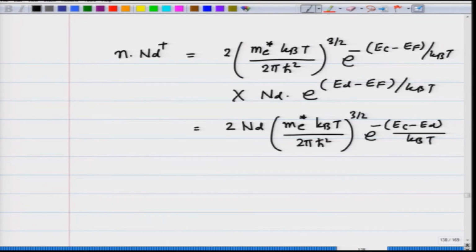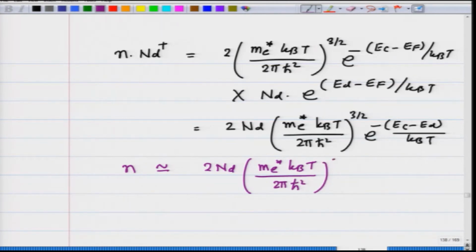Since the electrons are coming mainly from the donor levels, I can then say that n is roughly equal to (2 Nd (me star kBT over 2 pi h cross squared) raised to 3 by 2), this whole thing raised to 1 by 2, times e raised to minus (Ec minus Ed) over 2 kBT.